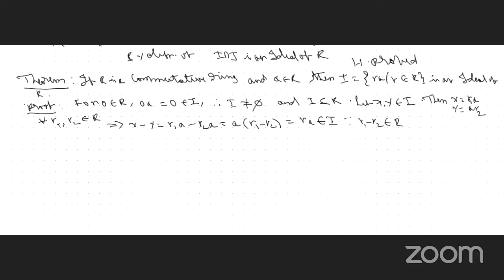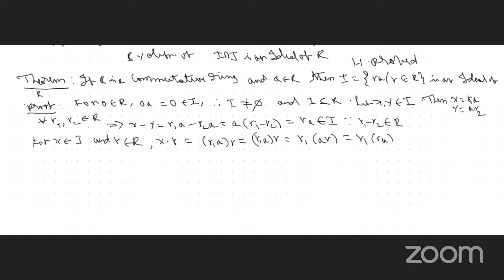For x belongs to I and small r belongs to capital R, x times r equal to r1a times r, that equals r1ar, that equals r1ra.